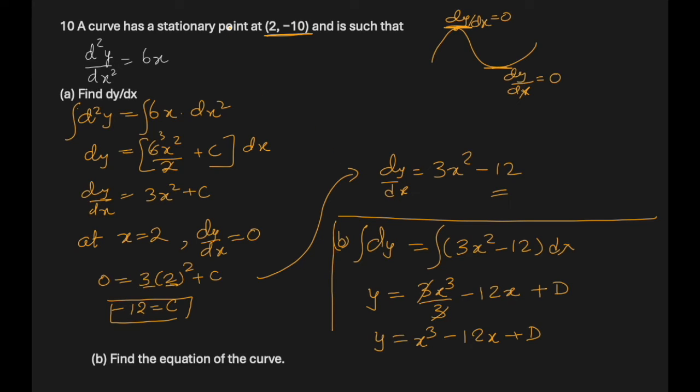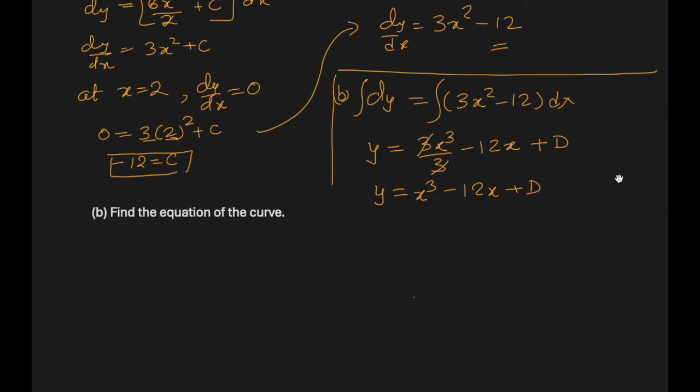And to find d, we know that if x is 2, y is minus 10. So y is useful here. So we can write when x is 2, y is minus 10. So let's substitute here. In this one, y is minus 10 equal to 2 cube minus 12 times 2 plus d.